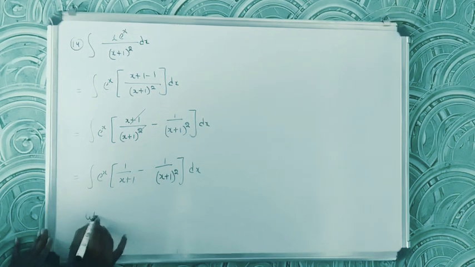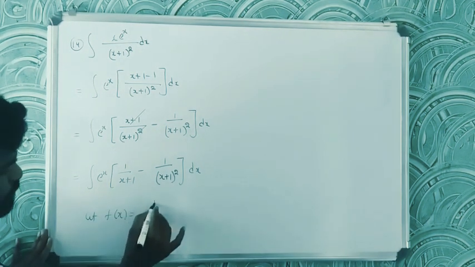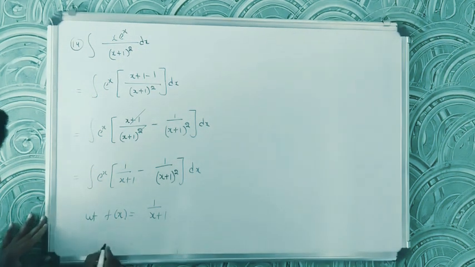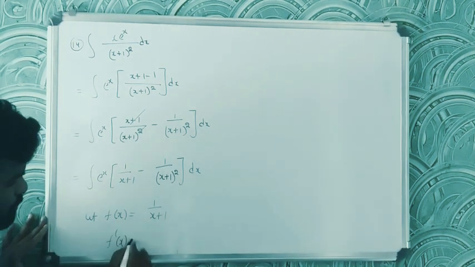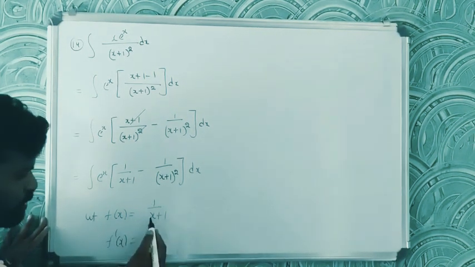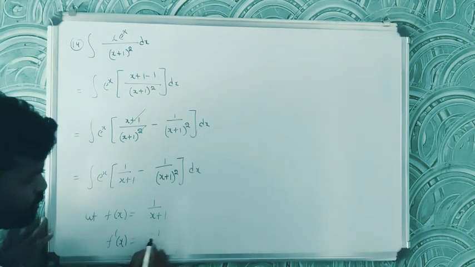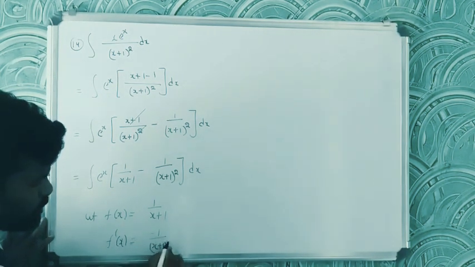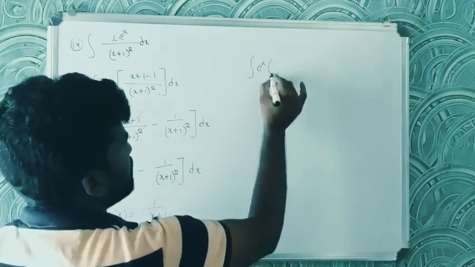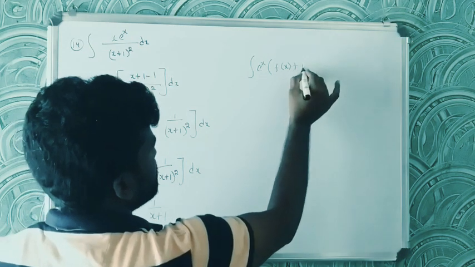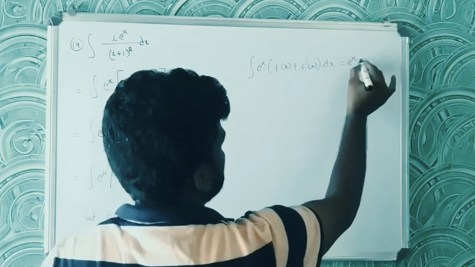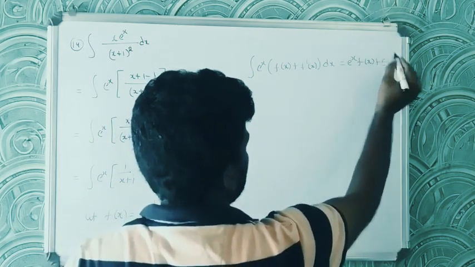Let f of x is equal to 1 by x plus 1. d by dx of 1 by x is minus 1 by x square. So f dash of x is equal to minus 1 by x plus 1 whole square. One formula: integration of e power of x into f of x plus f dash of x dx is equal to e power of x into f of x plus c.